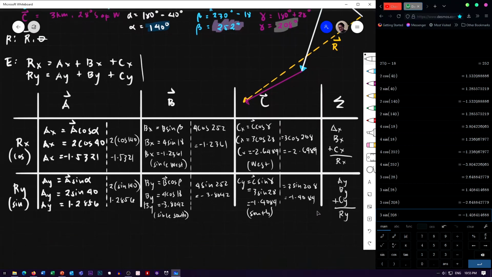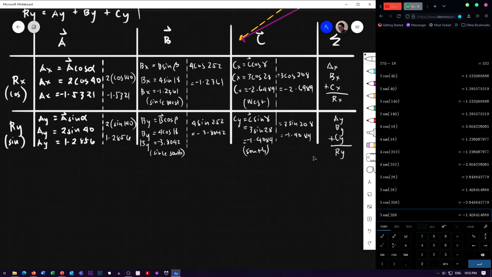I'm just going to copy our vector. For r sub x, we have negative 1.532, plus negative 1.2361, plus negative 2.6489.